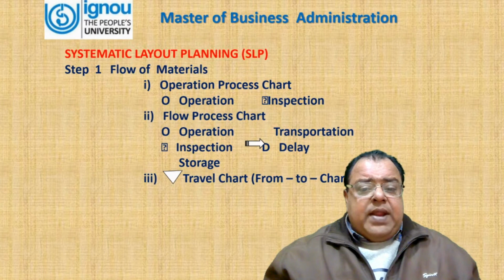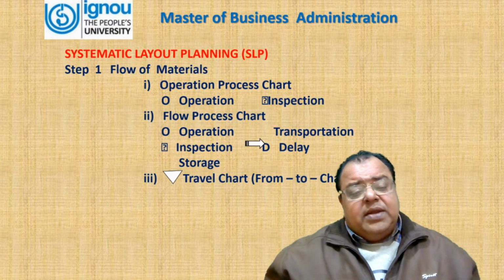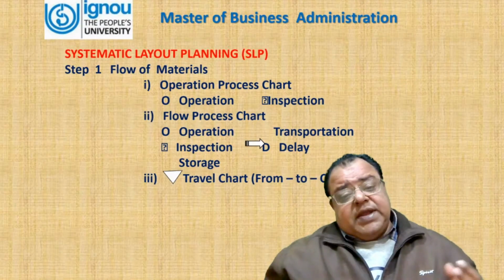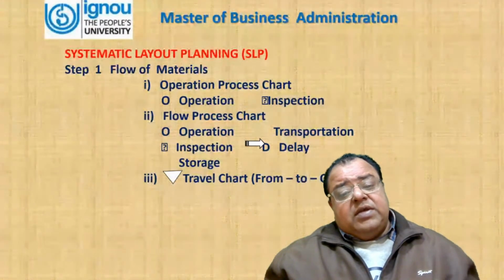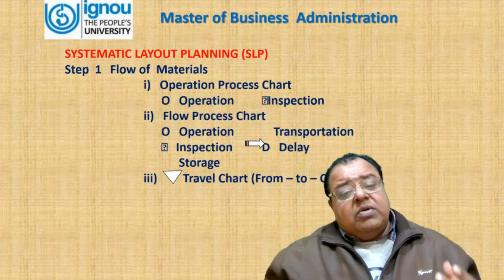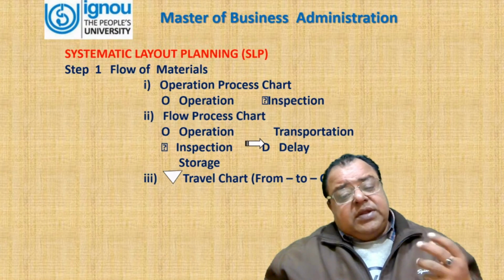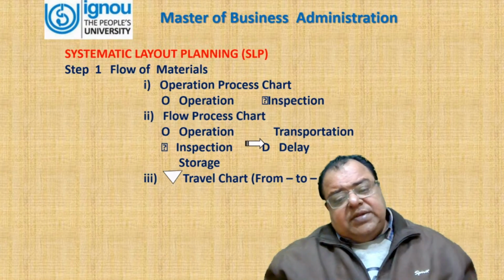Systematic layout planning, we call it SLP. Here, the flow of material is step one. The second one is the flow process chart, which is related to operations, transportation, inspection, storage, and delays.